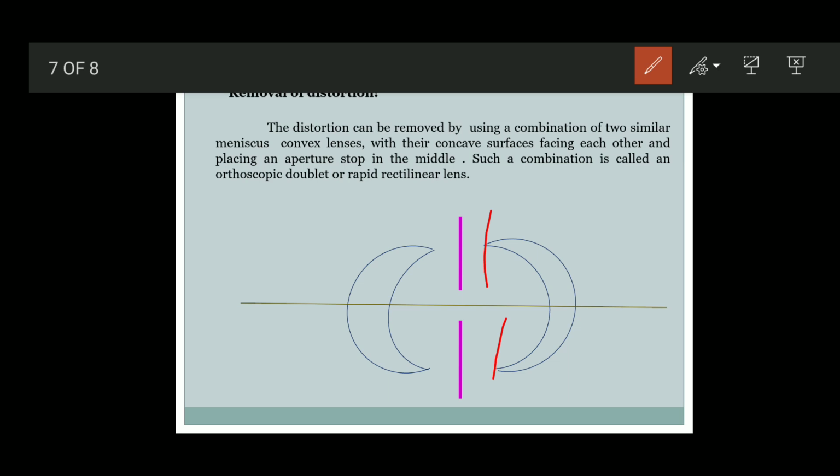The curved surfaces are placed opposite to each other and a slit is there. This combination minimizes the distortion. This combination is called an orthoscopic doublet or rapid rectilinear lens.